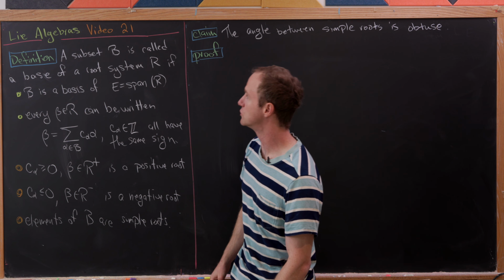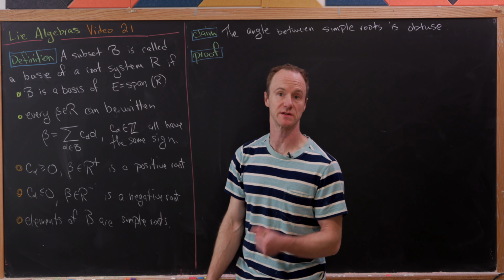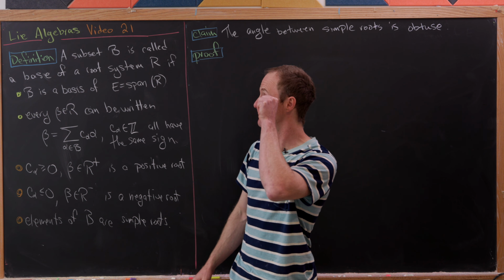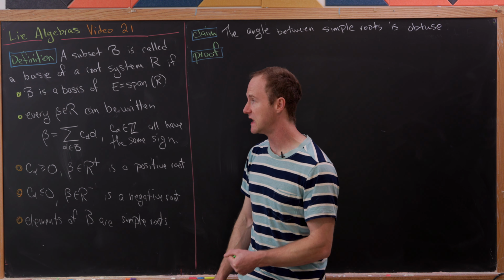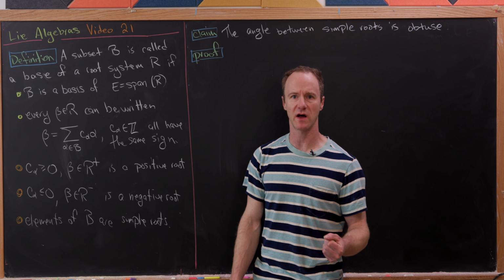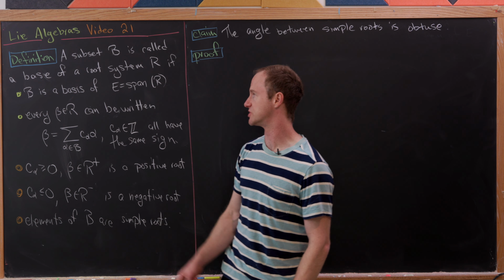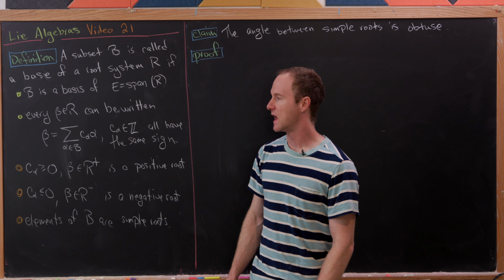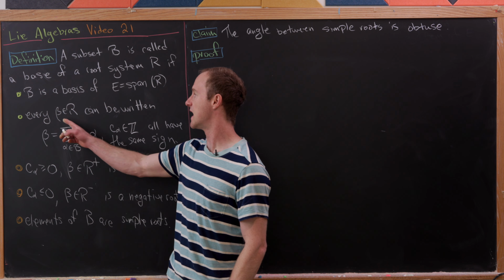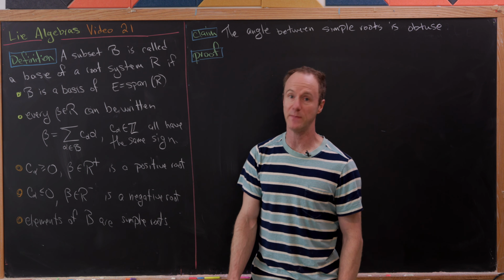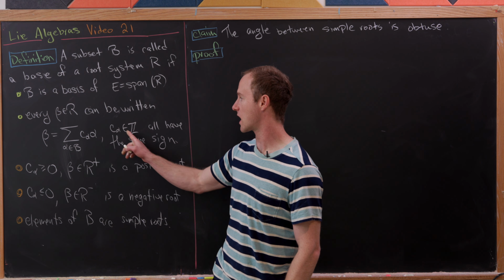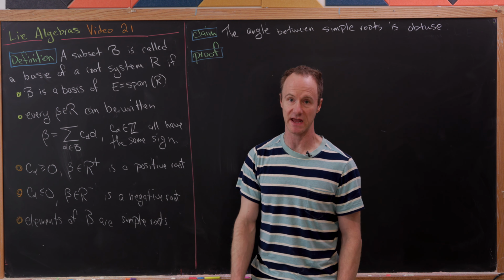Okay, moving on to a base of a root system. A subset B of a root system R is called a base of this root system if B is a basis of the corresponding vector space E, which is the span of R. And then next we've got this really interesting condition, which says that every root beta can be written as an integer linear combination of elements of the base.